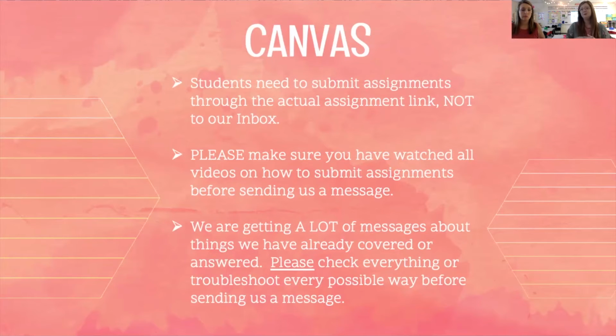One thing the tech department did tell me is make sure you're using the app, the Canvas app, to do the assignments, because there's a pen icon that you can write on it directly from there. Another thing, make sure you're screenshotting your work. Sometimes Canvas doesn't transmit that work when it's submitted, and it shows up to us blank.